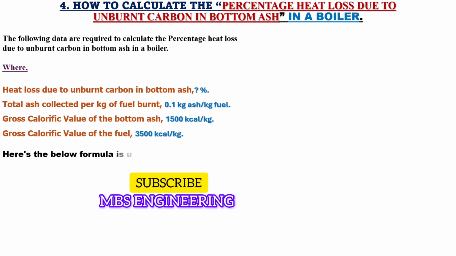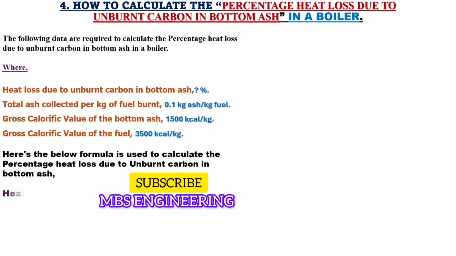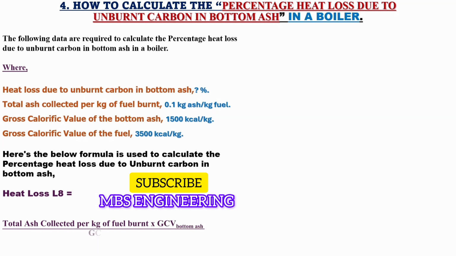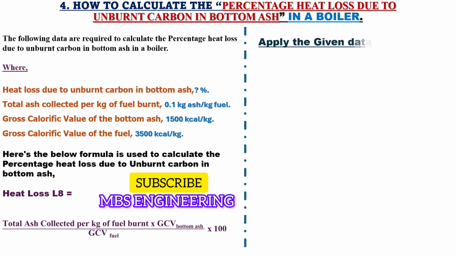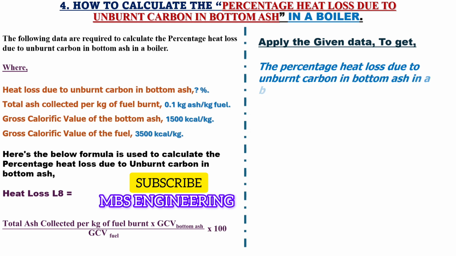Here's the formula used to calculate the percentage heat loss due to unburnt carbon in bottom ash in a boiler. Heat loss L8 is equal to total ash collected per kilogram of fuel burnt into GCV of the bottom ash, divided by GCV of the fuel, and then the obtained value is multiplied by 100. Apply the given data to get the percentage heat loss due to unburnt carbon in bottom ash in a boiler.